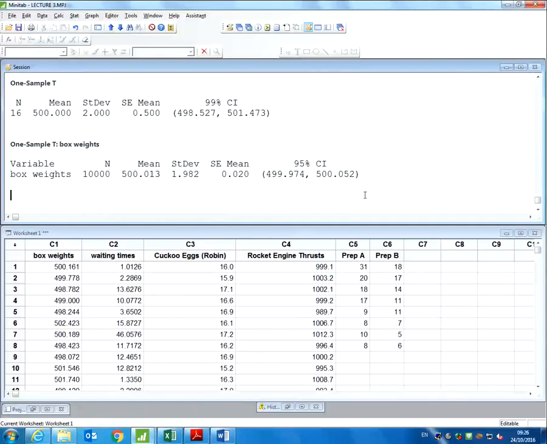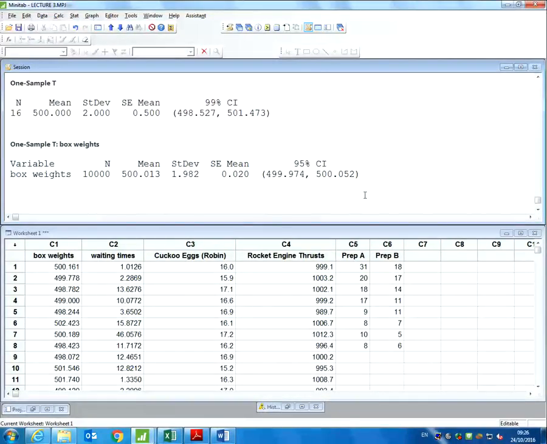Okay, so imagine we are testing this hypothesis. You've always believed the true mean was 499 grams. Okay, let's interpret that confidence interval together. We are 95% confident that the true mean is between those two numbers. So, look at this again.